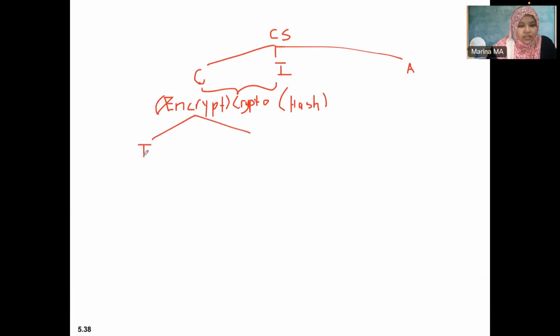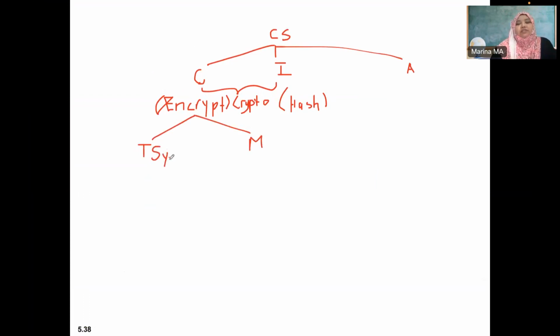Encryption has 2 kinds: traditional and modern. The traditional one is symmetric key.